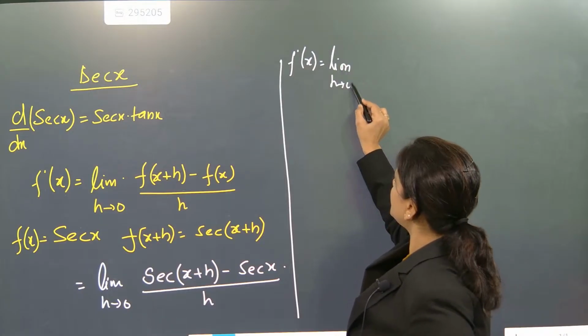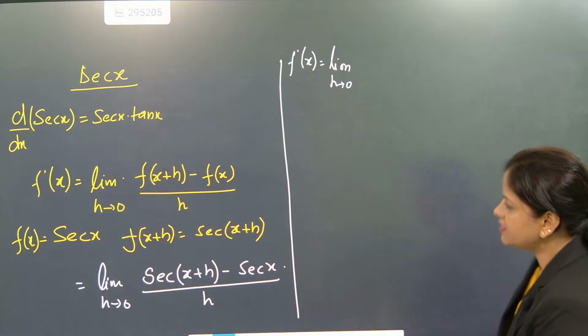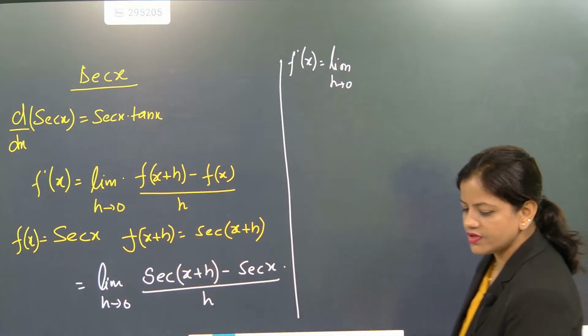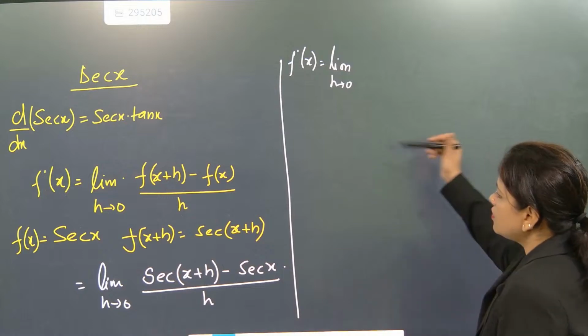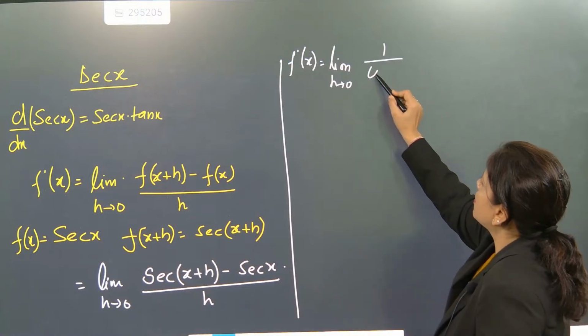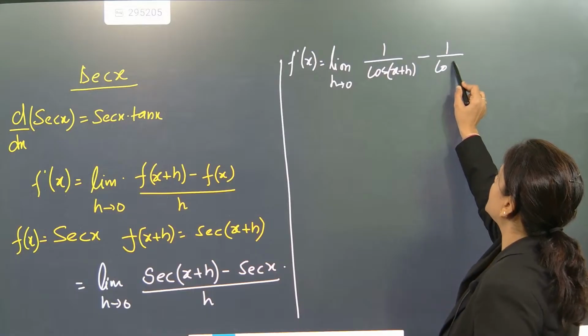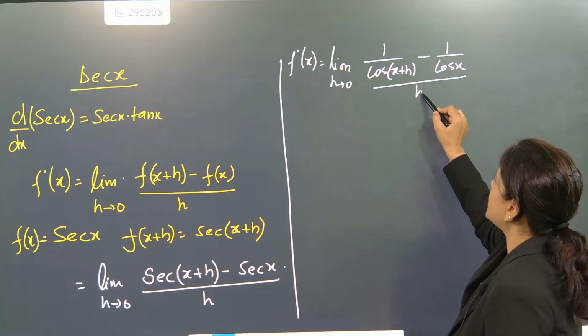Don't miss the limit. Many people have the habit of solving without the limit and finally writing it, and full marks will go. So now look here, it will become 1 by cos of x plus h minus 1 by cos of x, by h.